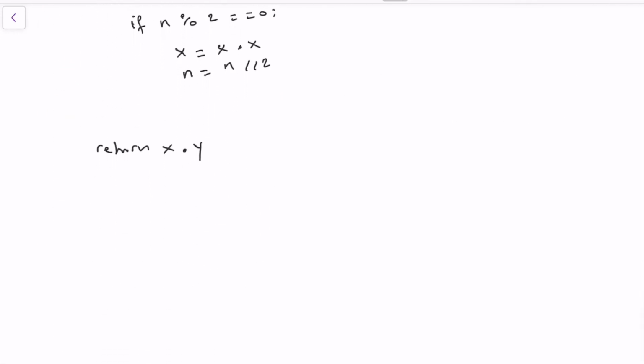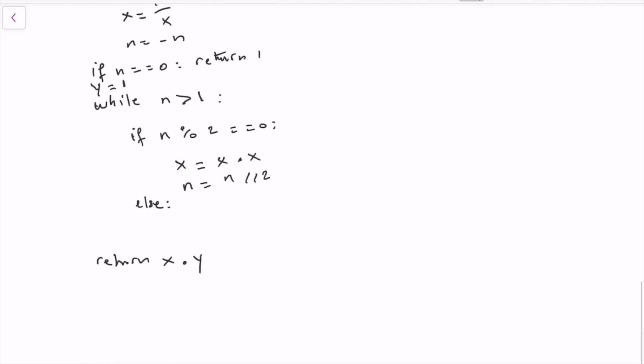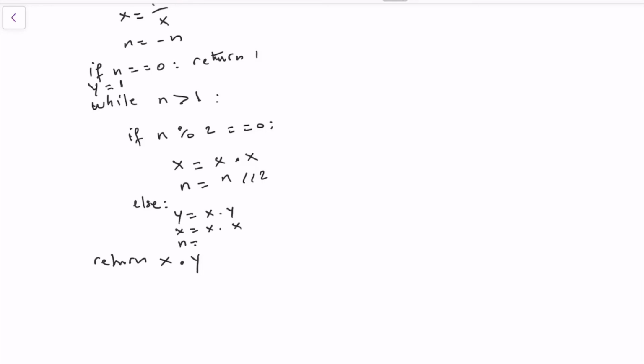For the odd case, what changes is that this is the new x, right? This is the new n, and this is the new y, right? And so let's do that in order. So y becomes x multiplied by y, and then x becomes x multiplied by x, the new x, and then n becomes the new n, which is n minus 1 divided by 2.